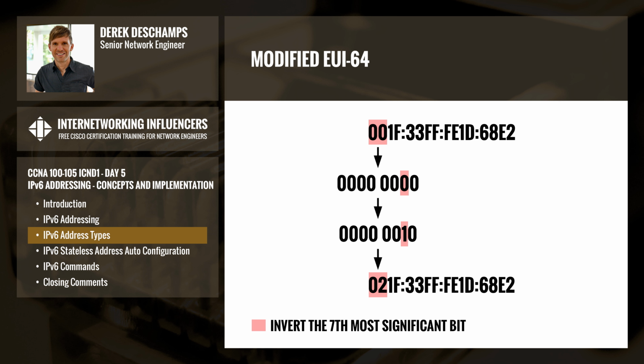In this case, the first 2 hexadecimal digits starting from the left are 00. Converting this to binary gives us 00000000. Inverting the 7th most significant bit gives us 00000010.